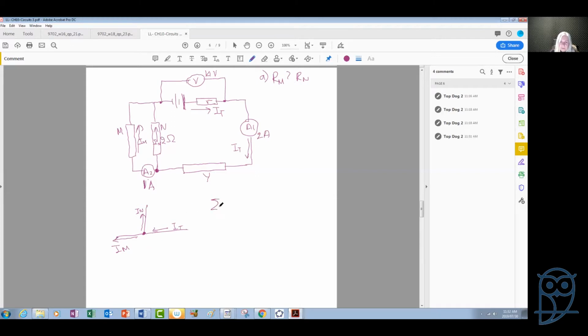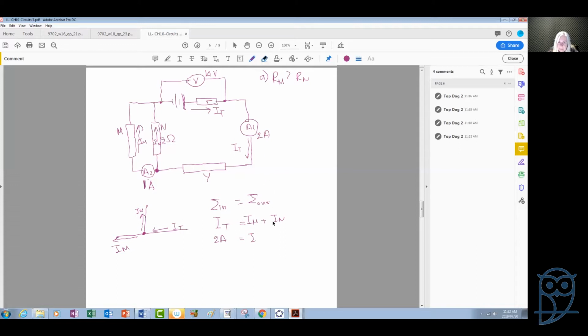The in current is the I total, and this is equal to IM plus IN. And we know that this is 2 amperes, and we know that this is 1 ampere.